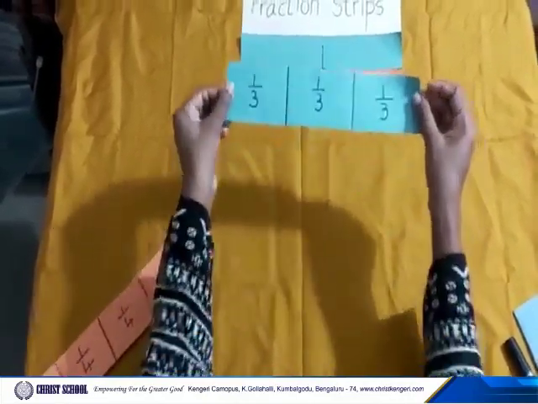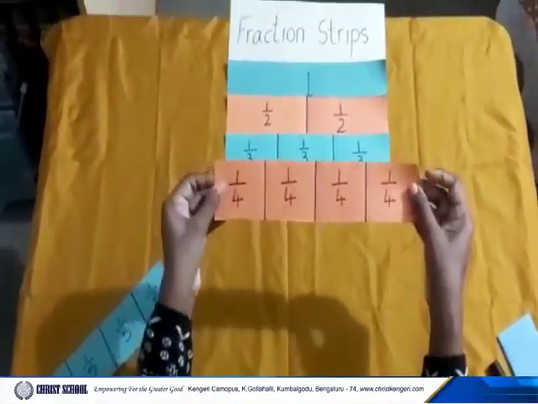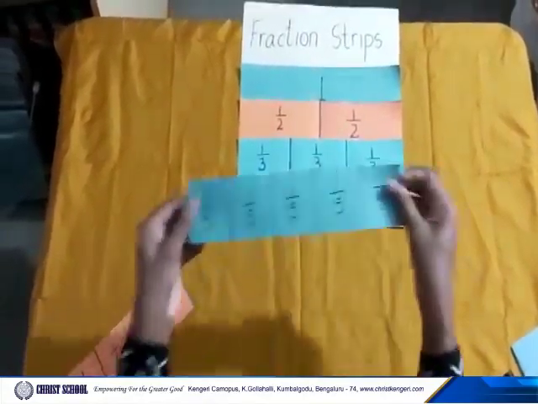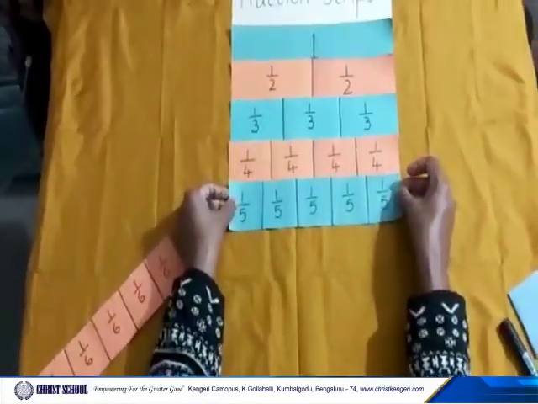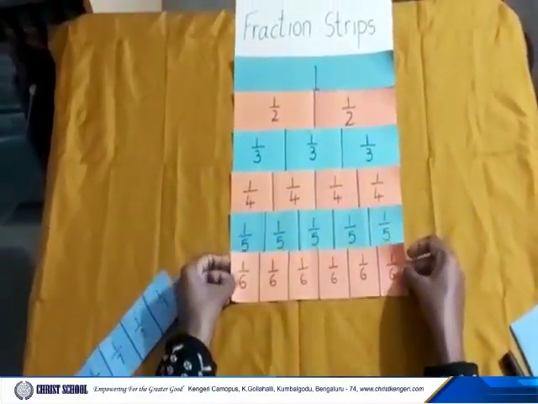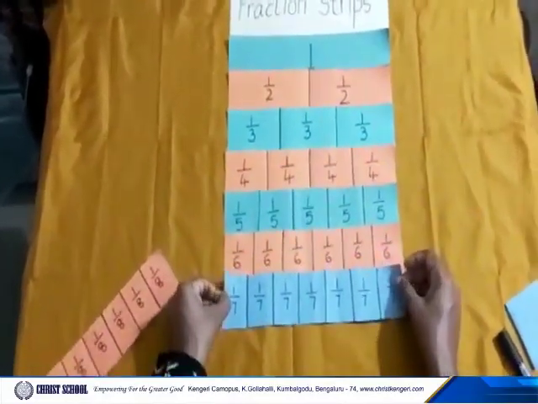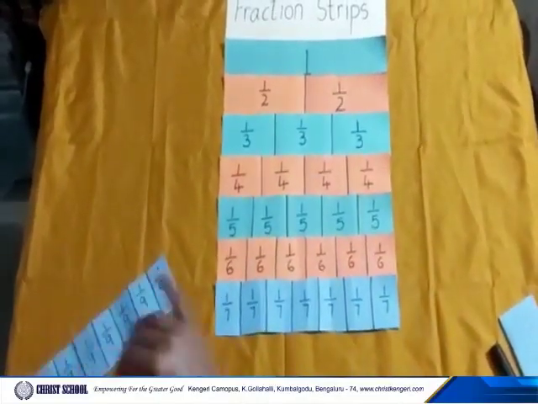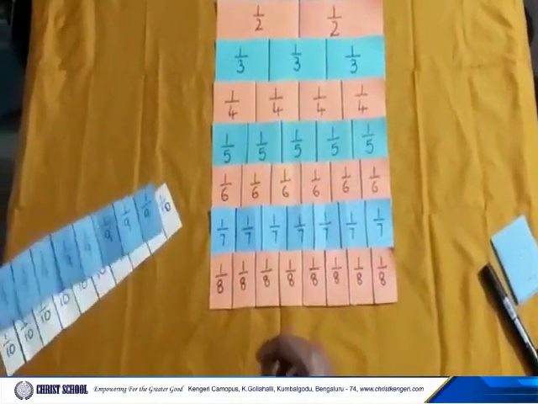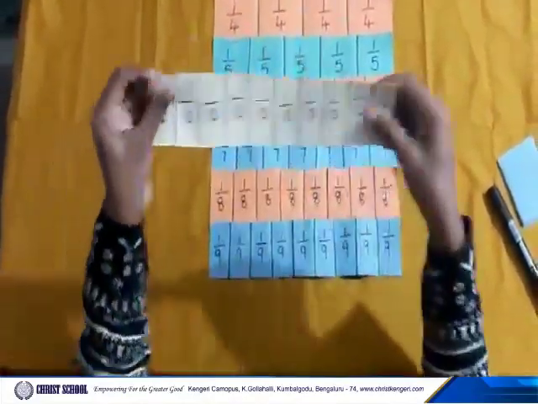Three equal parts. 4 equal parts. 5 equal parts. 6 equal parts. 7 equal parts. 8 equal parts. 9 equal parts. 10 equal parts.